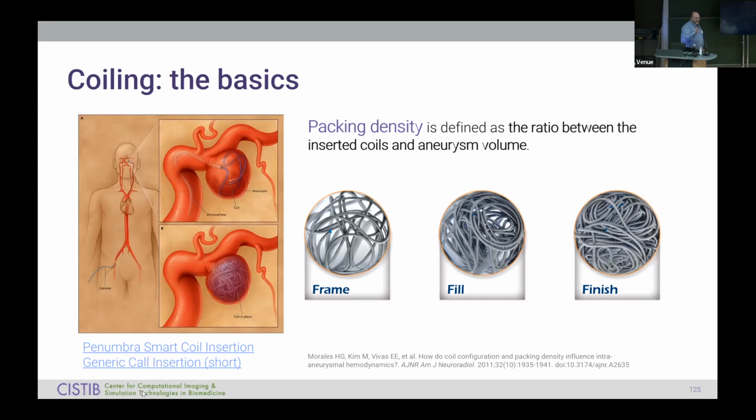You don't see the aneurysm, you don't see anything. It's all under fluoroscopy. You put in all these coils, and they start filling the aneurysm to a point that it reduces the flow. That filling rate is measured as the volume of metal you put in over the volume of the aneurysm, and that's a typical clinical parameter that clinicians use.